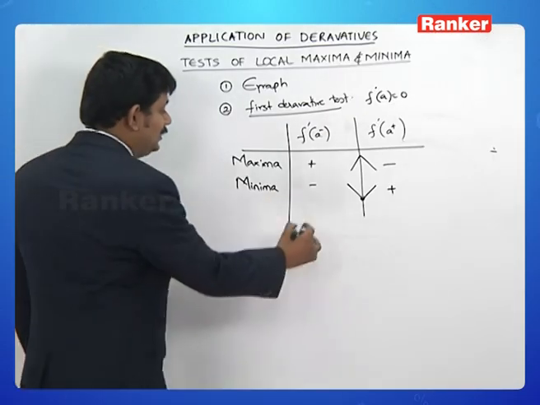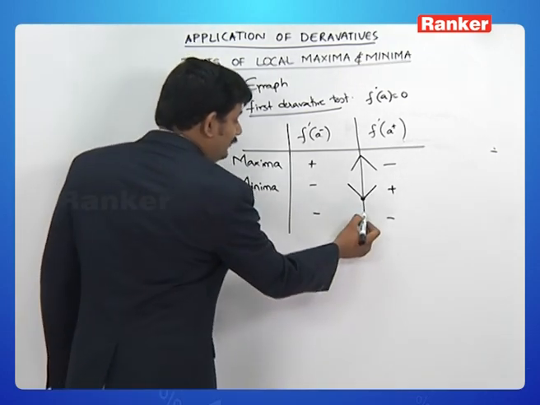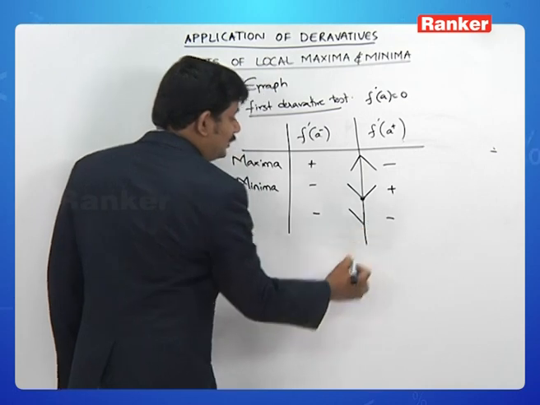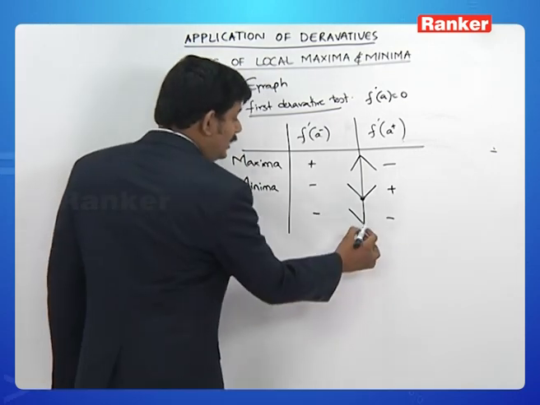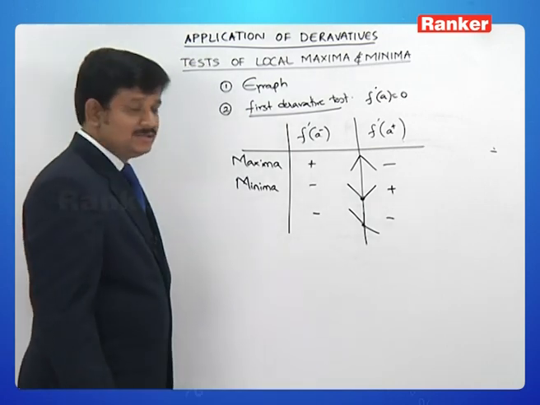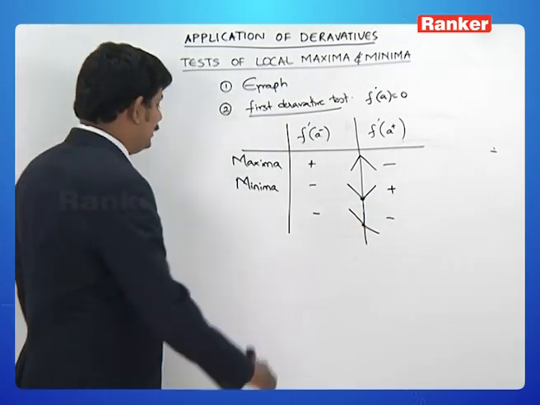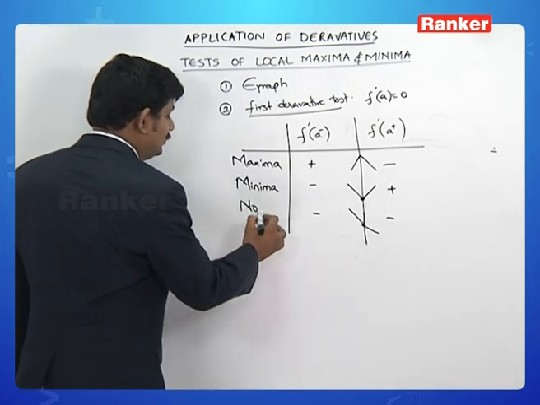And in the case where both of them are negative, on the left side we have a tangent with obtuse angled inclination, and on the right side also we have a tangent with obtuse angled inclination. This leads to a point which is neither maxima nor minima. So, no maxima, no minima.